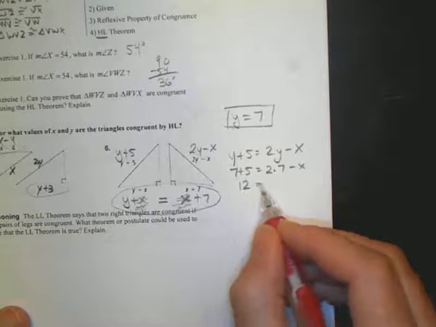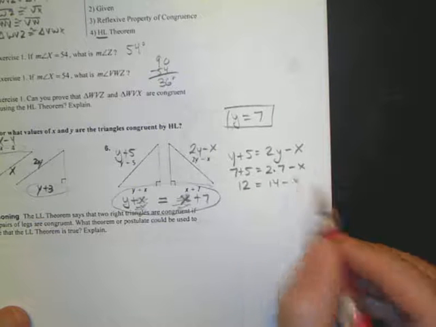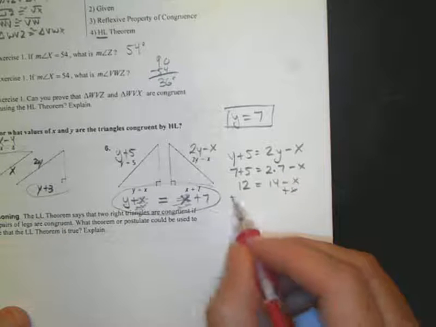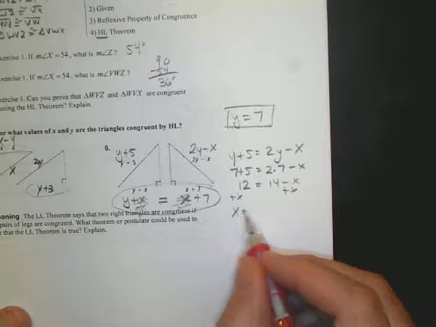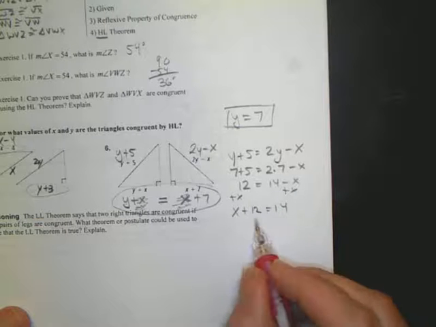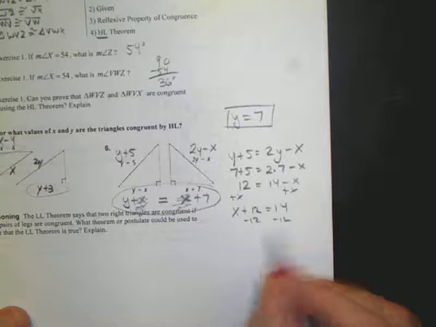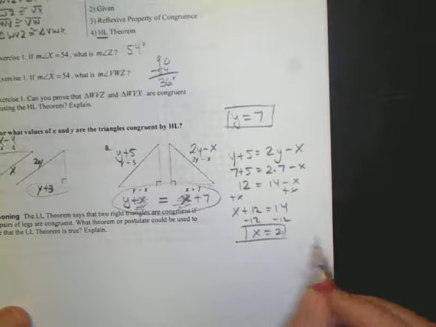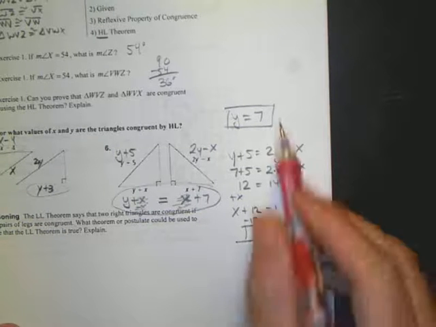So 12 equals 14 minus x. I don't like having negative x's, so I'm going to add x to this side. So I have x plus 12 equals 14. I will subtract 12, and x equals 2. And that's it for number 6. I have y equals 7 and x equals 2.